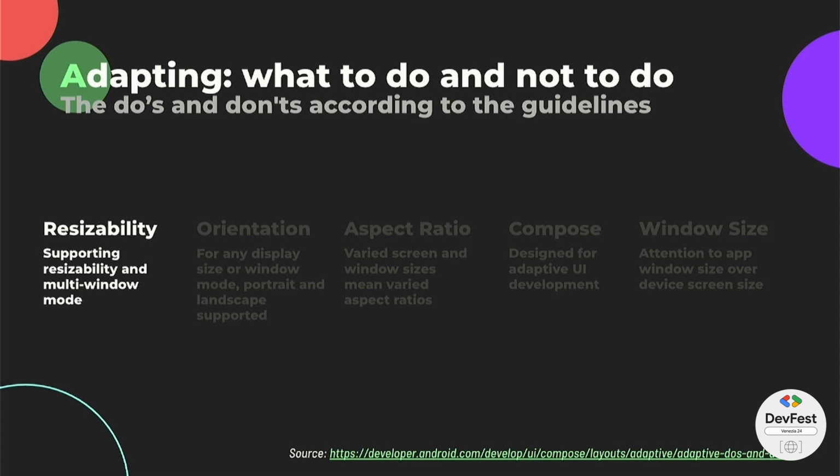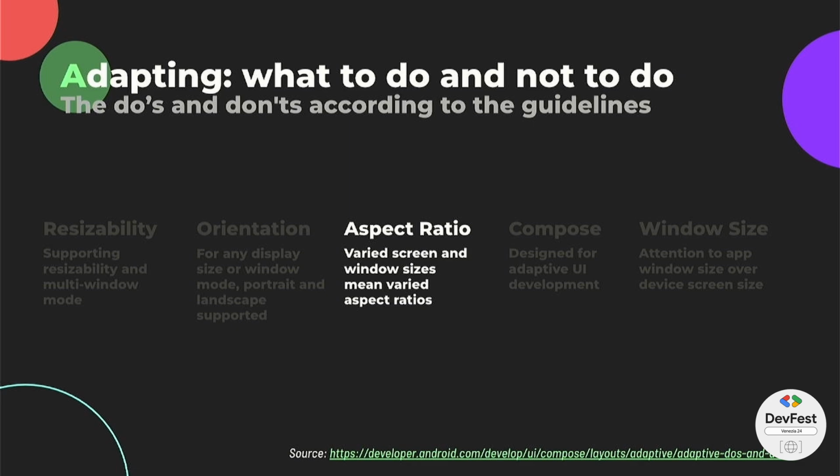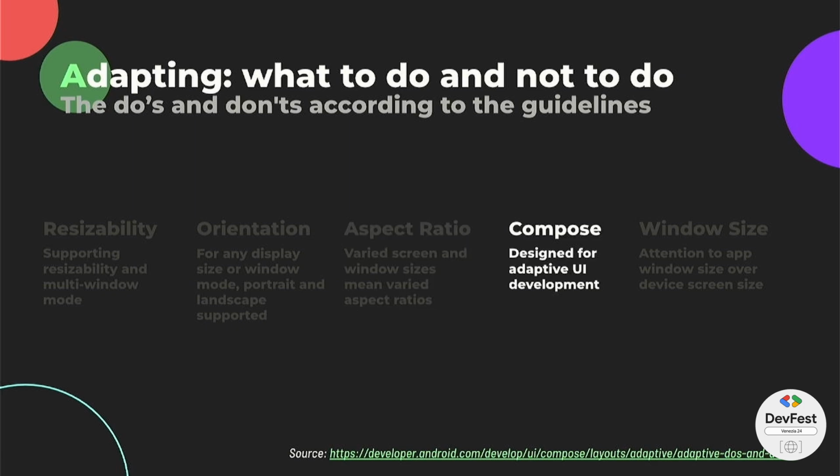So one is resizability, supporting resizability and multi-window mode. Orientation, for any display size or window mode, portrait and landscape is supported by your app. Then aspect ratio. Because of the varied screen and window sizes, you're also going to get a varied range of aspect ratios. So the aspect ratio is not always going to be the same because the screen space is also going to change. Compose.